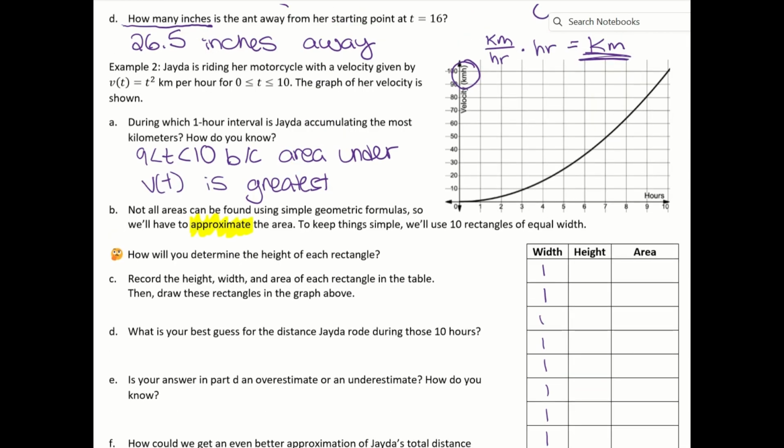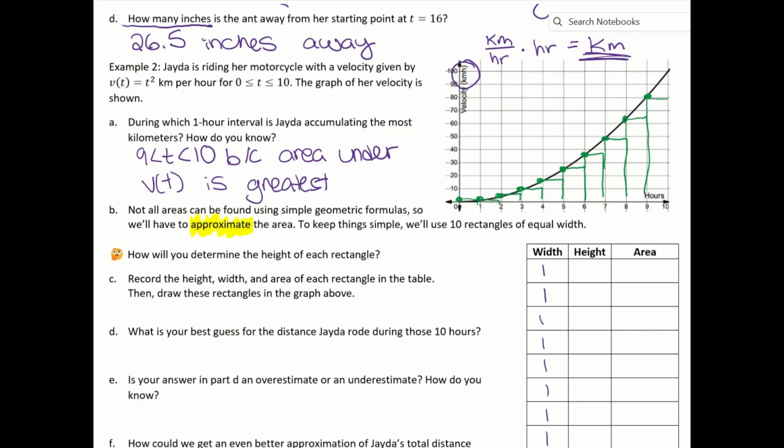Some of you might choose starting at 0 and choosing 1, 2, 3, 4, 5, 6, 7, 8, 9, 10, and you might make those the height of your 10 rectangles. So they'd look like this. That might be how you choose the height of your rectangles, and that's perfectly fine.